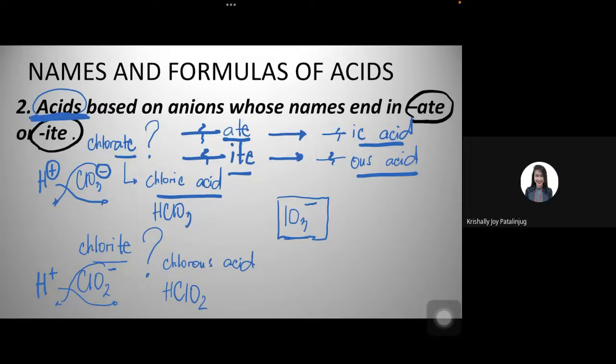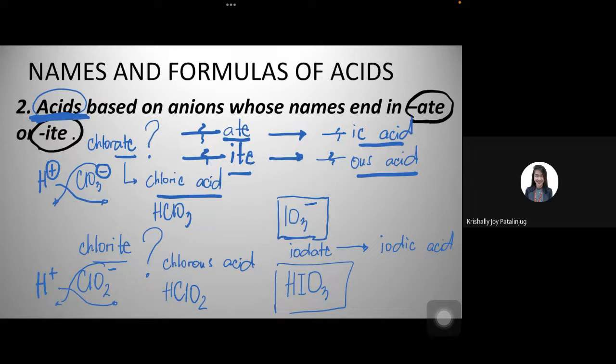Since this is iodate, the name of the acid would be iodic acid. Now write the chemical formula of the acid you can derive from iodate. Good. That would be HIO3. This is iodic acid.